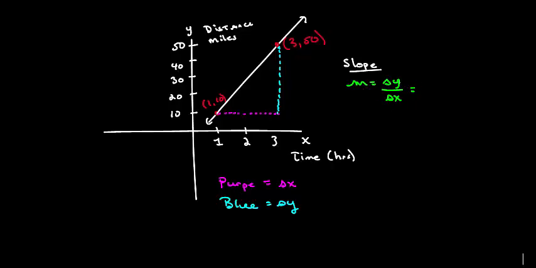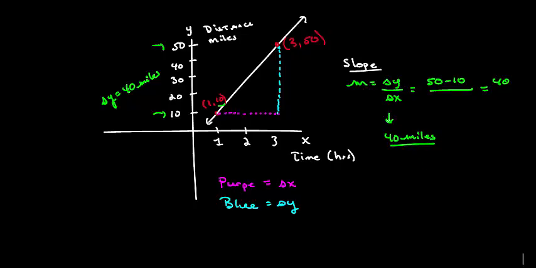The change in the y variable is from a height of 10 up to a height of 50. So our change is 40. How do we get the change? We take 50 minus 10, and that gives us 40. Now what is 40 what? Well, 40 miles. So our change in y is 40 miles.